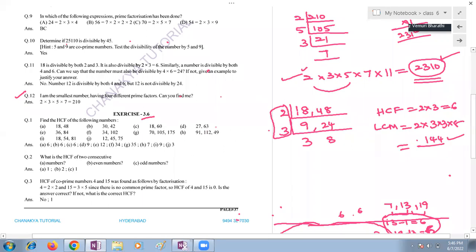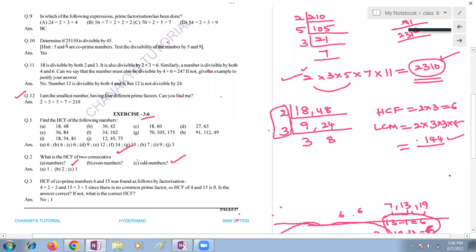Any tricky numbers there? Any other things where by looking only you can say the HCF? Such numbers are there or not? This we can easily find out. HCF of even numbers, what is it? 2. HCF of odd numbers? 1. HCF of consecutive numbers? 1.